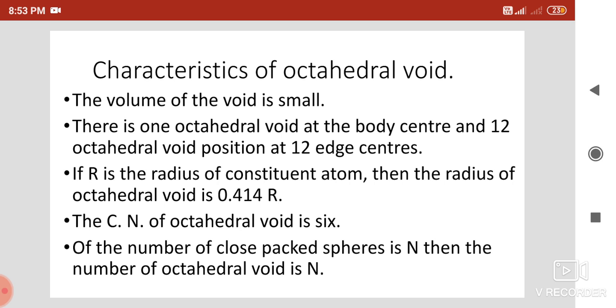If the number of close packed spheres in the unit cell is N, then the number of octahedral voids is also N. Whatever number of spheres are present in one unit cell, that many octahedral voids are formed. So this was about the characteristics of the octahedral void.